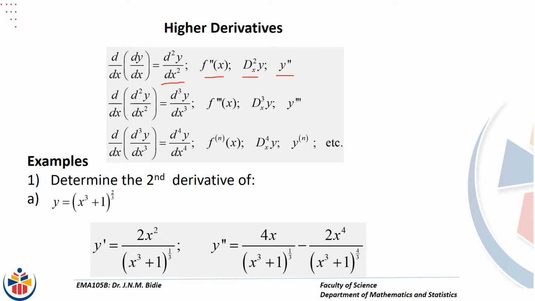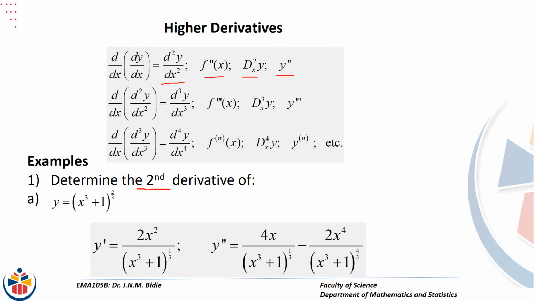So please check the notation that we are using, even for the third derivative. If you've got the first derivative, you differentiate the first derivative, you get the second. You differentiate the second derivative, you get the third, and so on. So let's do some examples and let's see.